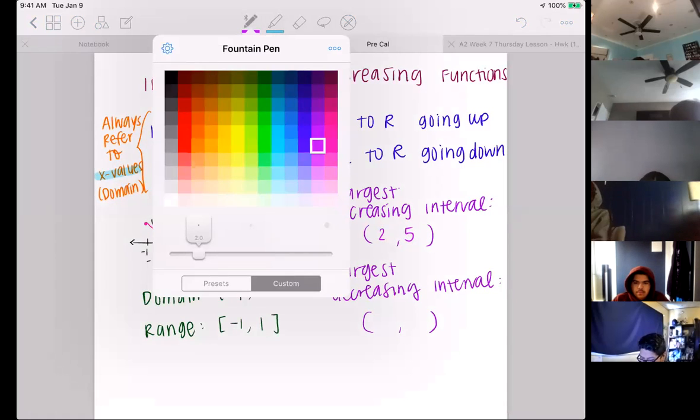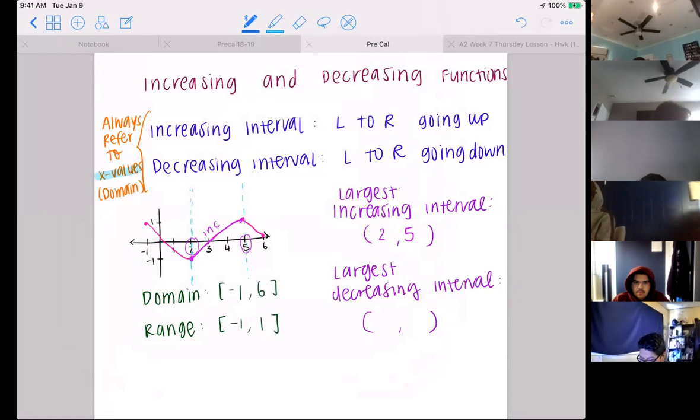So next, we're going to talk about the decreasing interval. Decreasing, we have this one right here, and we also have this one over here. So that's decreasing. This is also decreasing. Okay, so the first decreasing interval is from -1 to 2.